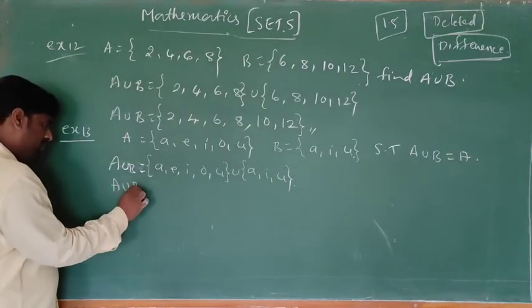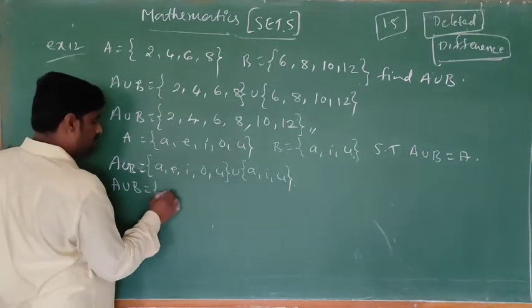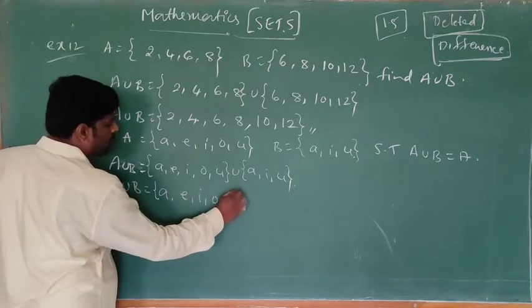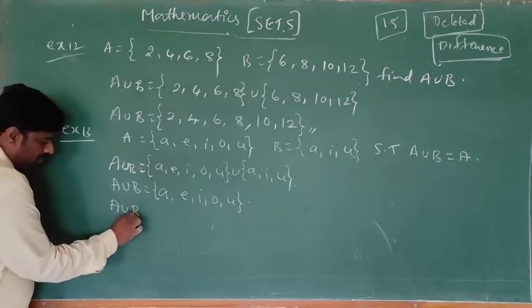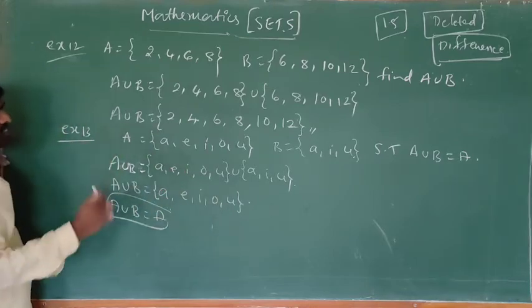So we should write them together: {a, e, i, o, u}. So A union B is equal to A, because this is the A value.